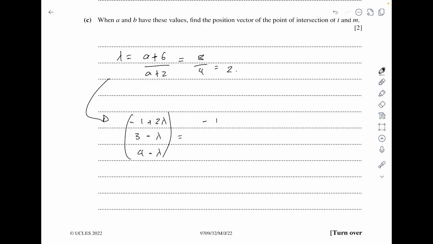We get minus 1 plus 2 times 2, 3 minus 2, 4 minus 2. And that's going to equal 3, 1, 2. Very simple. All we have to do is plug in our value for lambda, and this is going to be the position vector here.